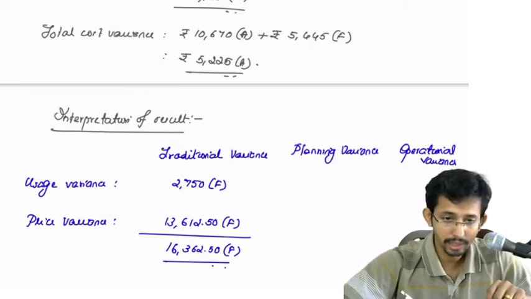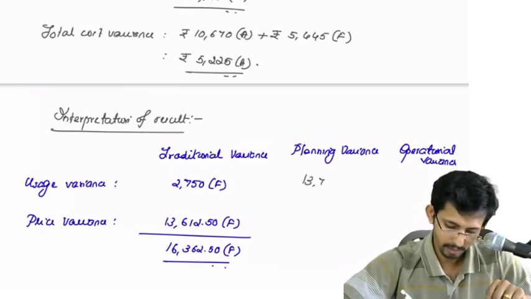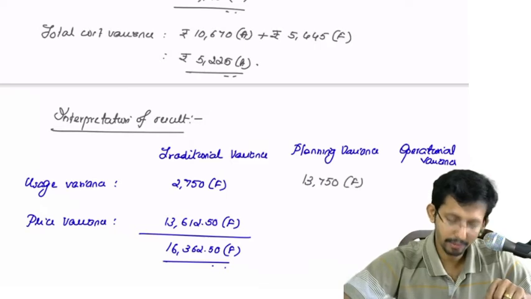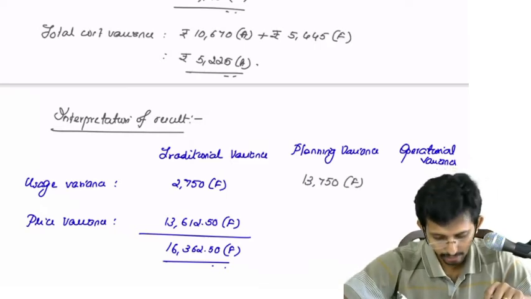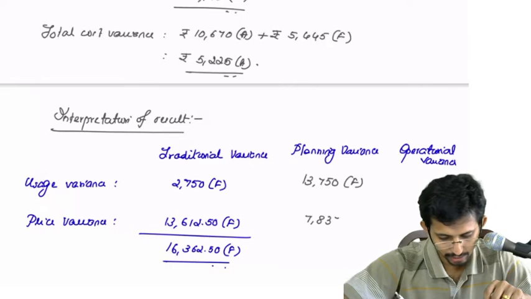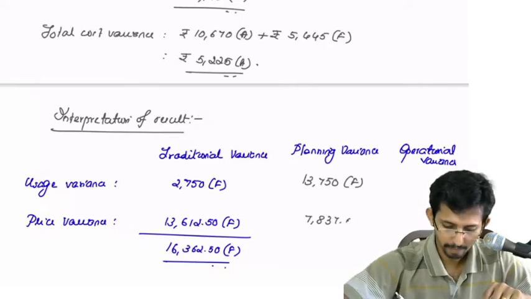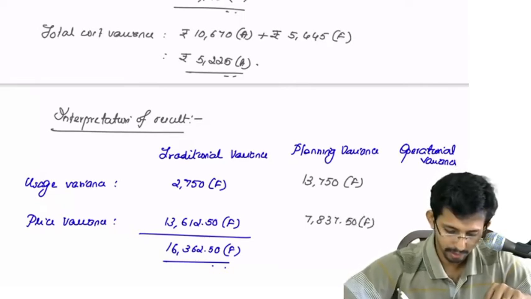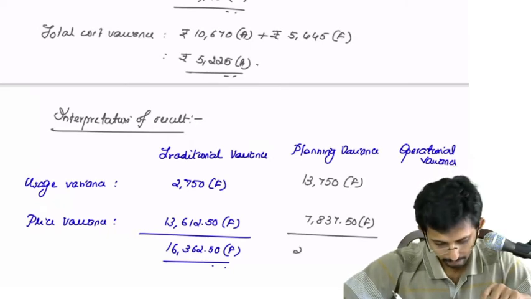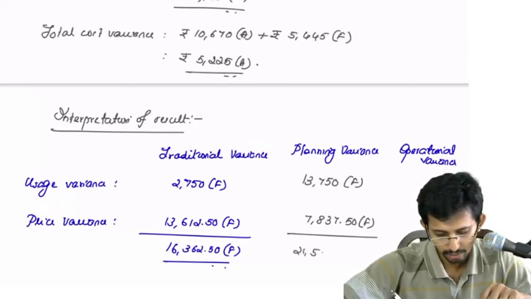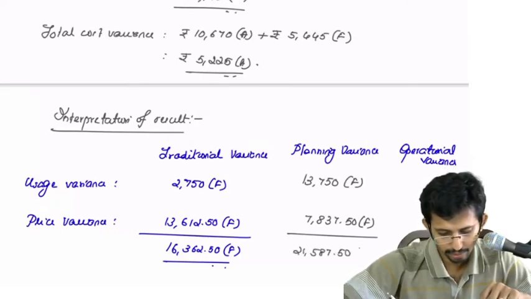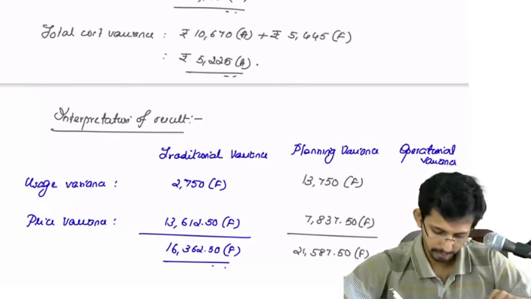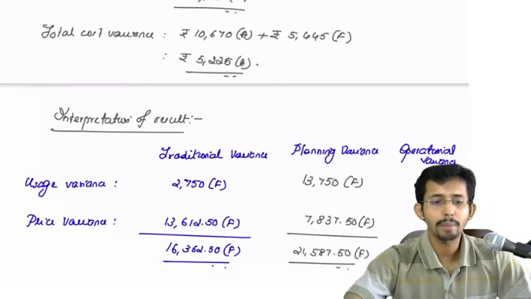Now planning variance, usage variance how much? Usage variance is 13,750 favorable. Price variance is 7,837.50 favorable. Net will be 21,587.50 favorable. Now what about operational variance?